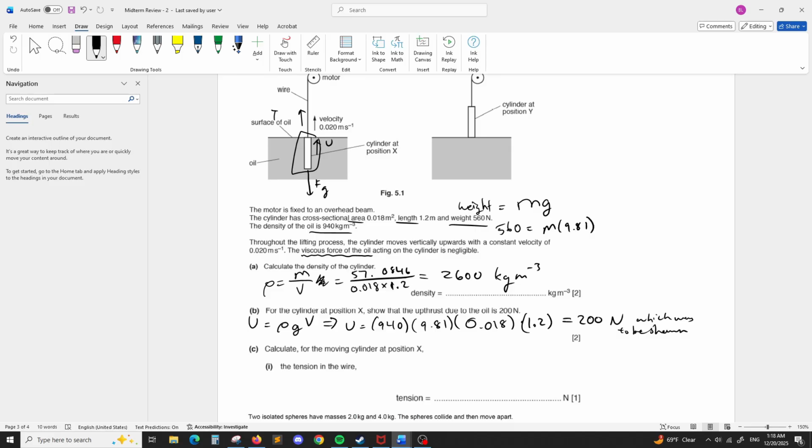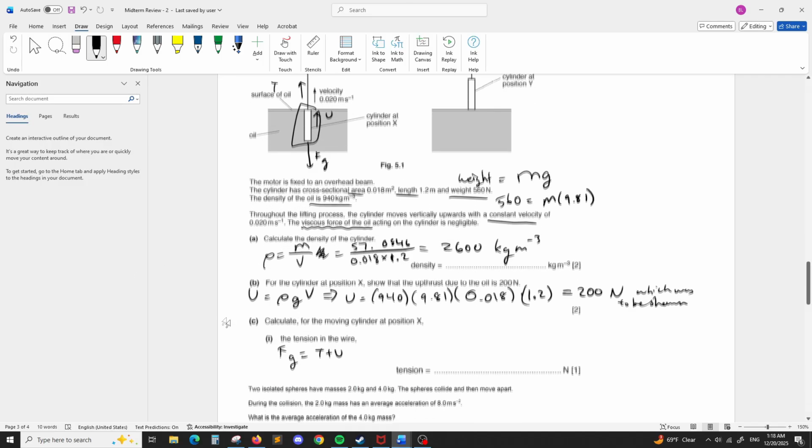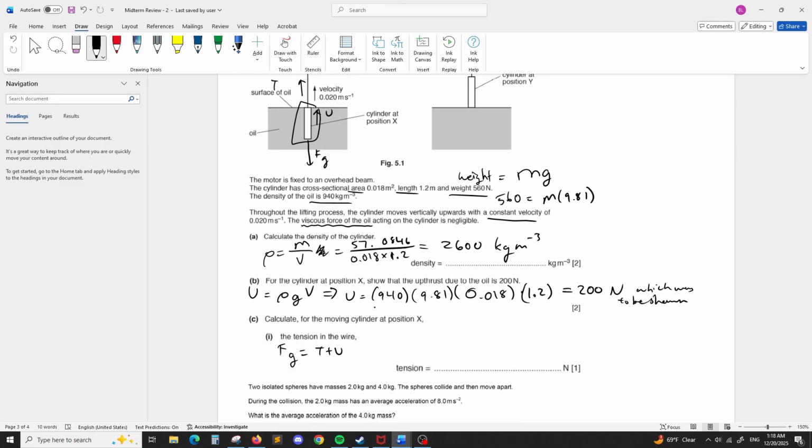So Fg is equal to T plus U. We know this is true because we're moving at a constant velocity, so these forces should cancel out. Our force down is 560 newtons, which is just the weight. The tension is what we're solving for, and the upthrust is what we solved for in part B. So T is equal to 360 newtons, and we're done.